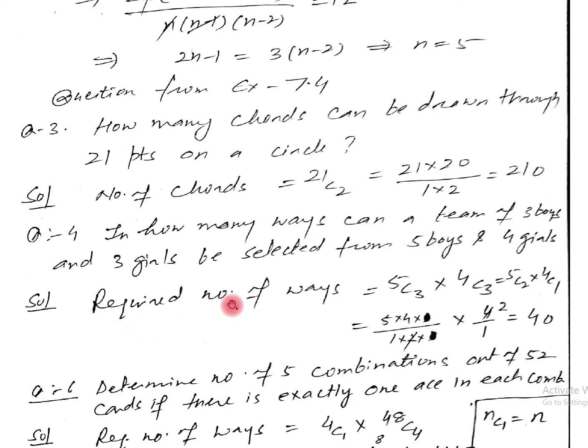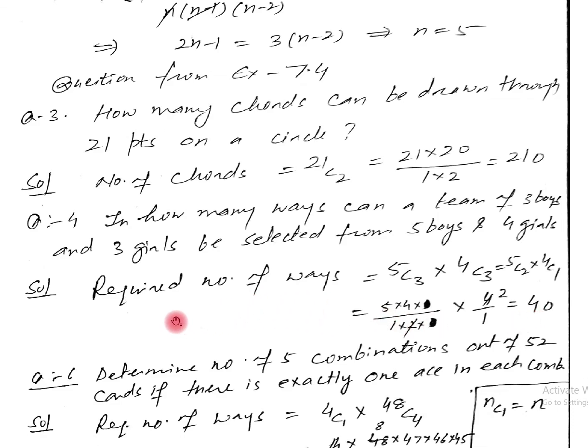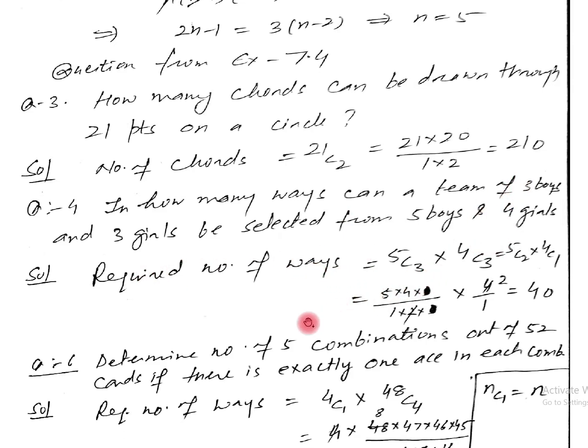So therefore the required number of ways equal to 5C3 into 4C3. So 5C3 can be written as 5C2 and 4C3 can be written as 4C1. So we can do the calculation and answer is what? 40. See it again, required number of ways is equal to 5C3 into 4C3.